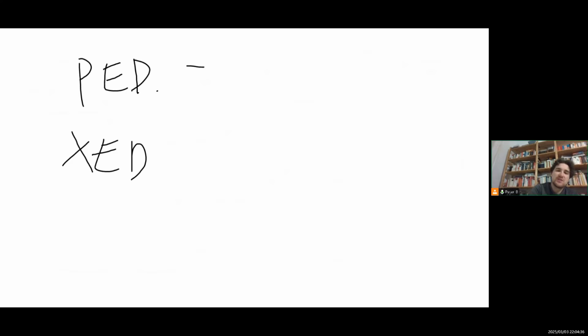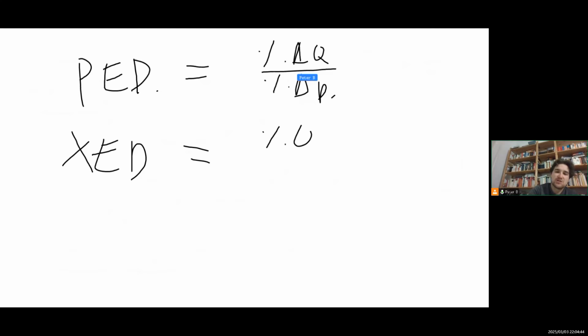Okay, that's it for price elasticity of demand, and then it's exactly the same for the other ones, but I just need to check the actual percentage changes. So then it really comes down to, can I remember the formulas? So for this, it was percentage change in quantity divided by percentage change in price. For this, it was percentage change in the quantity of the good I'm interested in divided by the percentage change in the price of the other good.